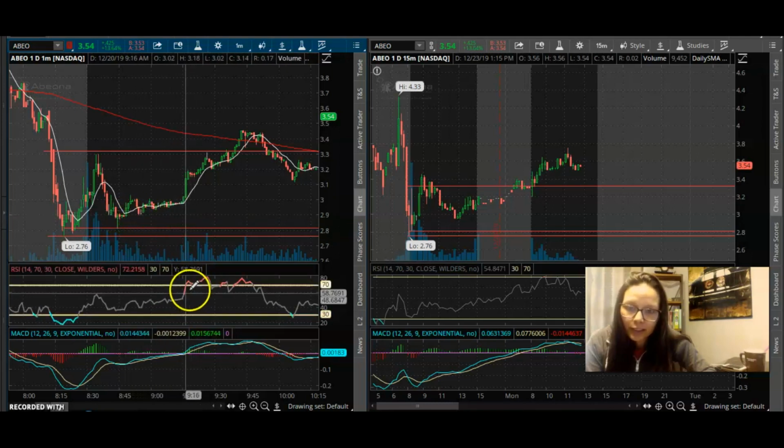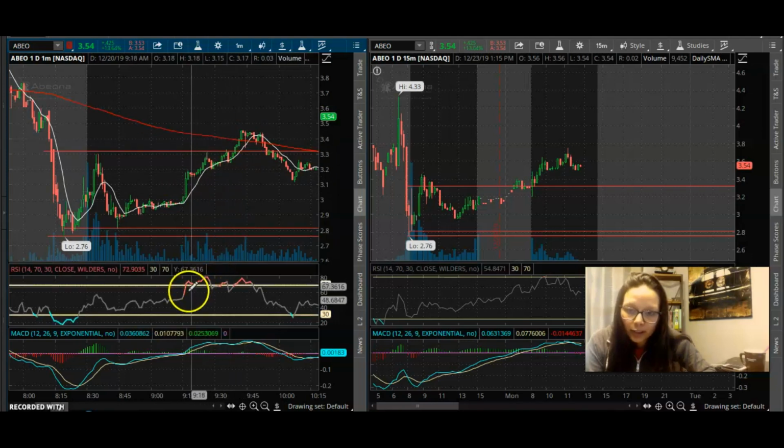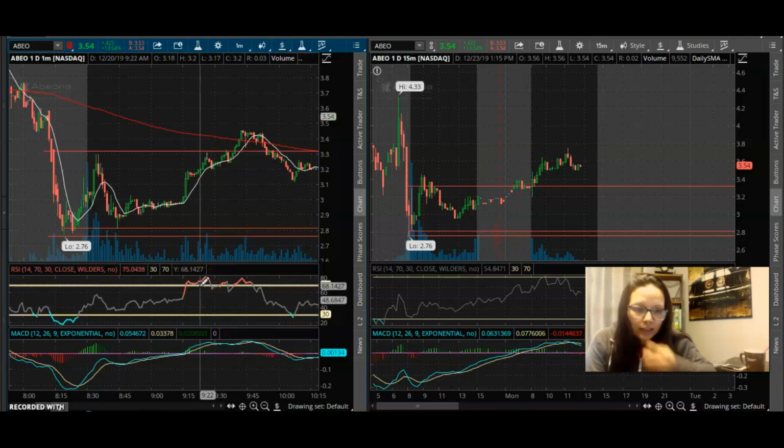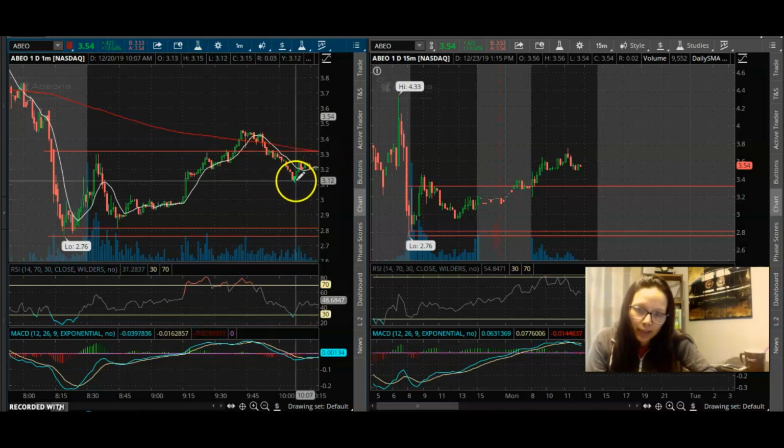You can see again up here how it just starts going back up. And look at the RSI, it's way above for a while, way overbought. And as you can see, it comes back down, and on the RSI, it goes all the way back down to a little below the 30. So that's just an example.